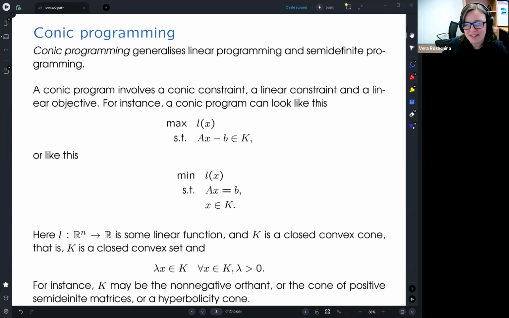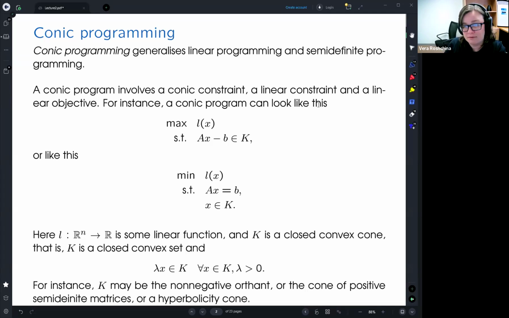All right, so remember last time we were talking about semi-definite programming. We started with linear programming. And of course, we can look at general conic programming. So the thing is, you can formulate some problems as some kinds of conic programming problems.